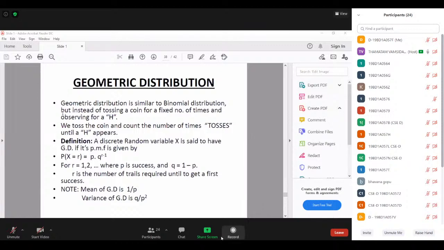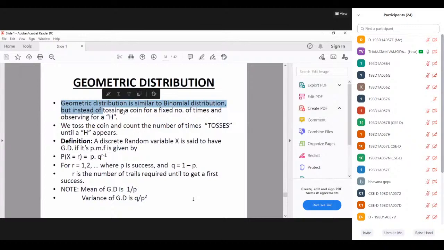Once all of you see the point here, geometric distribution is similar to the binomial distribution. But instead of tossing a coin for a fixed number of times and observing for a head or heads, here r represents the number of tosses we did until head is got.